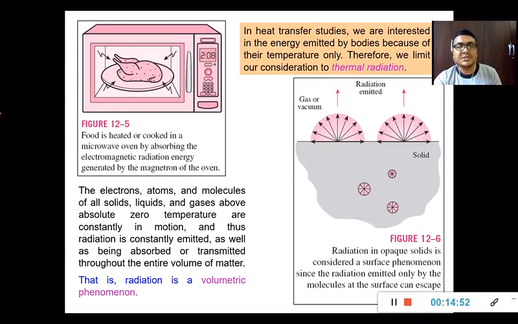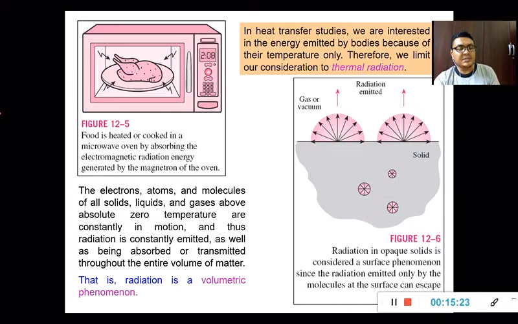In heat transfer studies, we are interested in the energy emitted by bodies because of their temperature only. Therefore, we limit our concentration to thermal radiation. The electrons, atoms, and molecules of all solids, liquids, and gases above absolute zero temperature are constantly in motion, and thus radiation is constantly emitted as well as being absorbed or transmitted through the entire volume of matter.